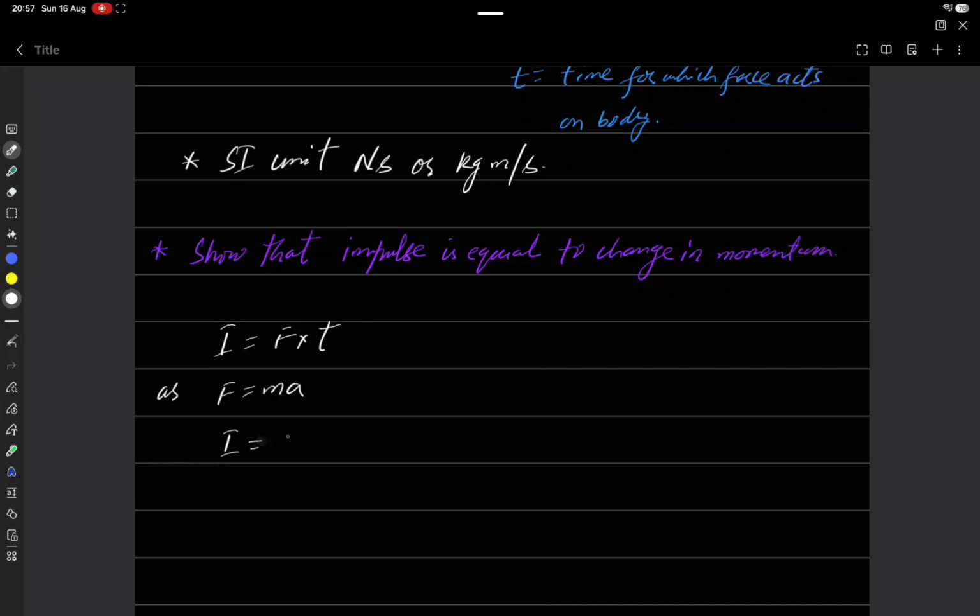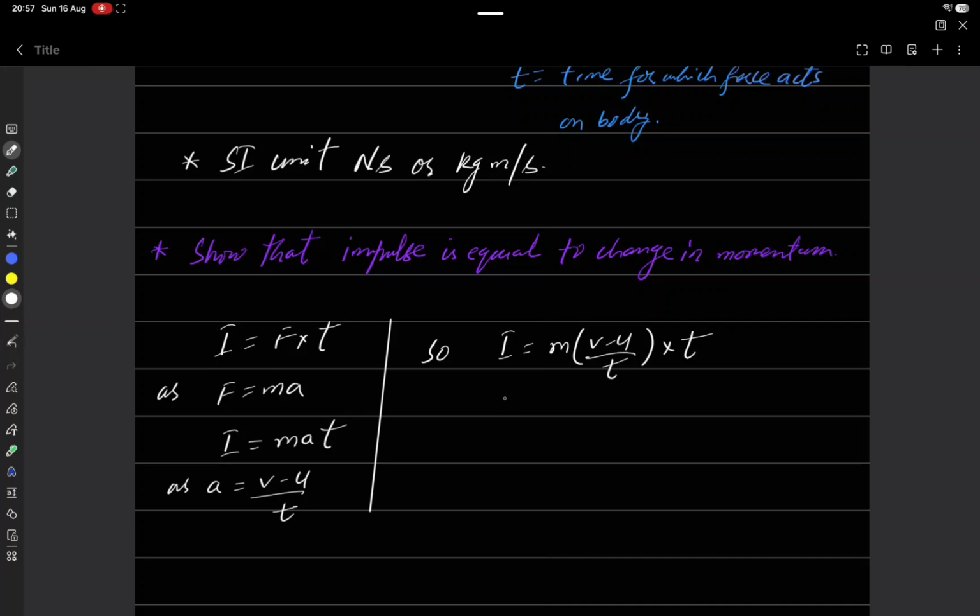So I is equal to mat, as a is equal to v minus u divided by T. So I is equal to m(v minus u) divided by T multiplied by T. T cancels. I is equal to mv minus mu. Delta P is equal to mv minus mu.